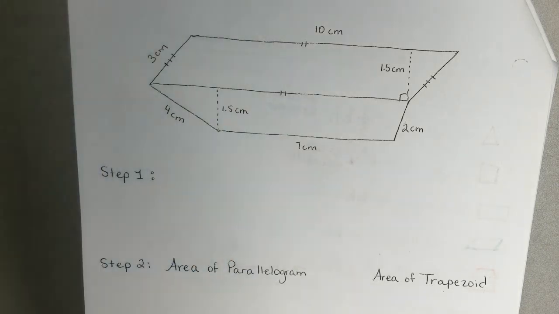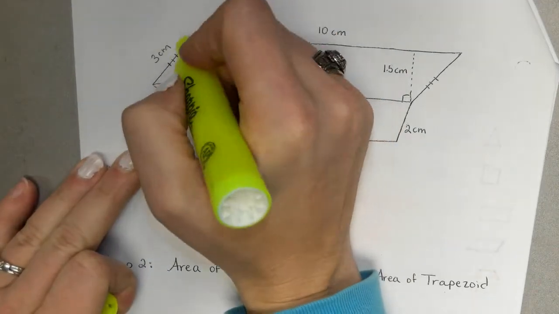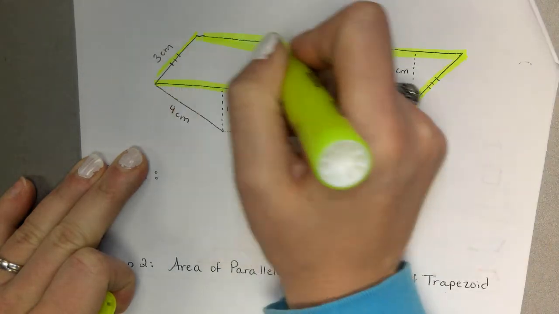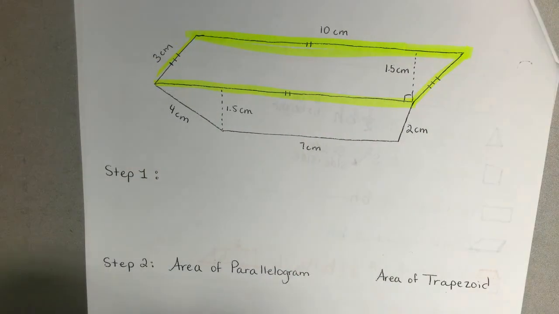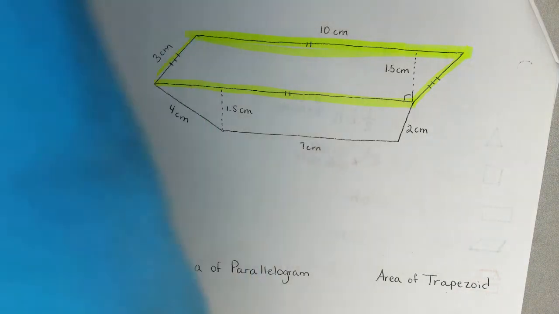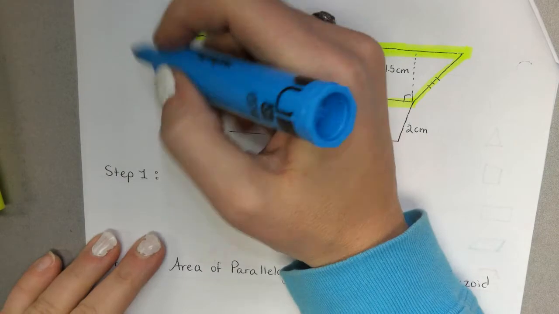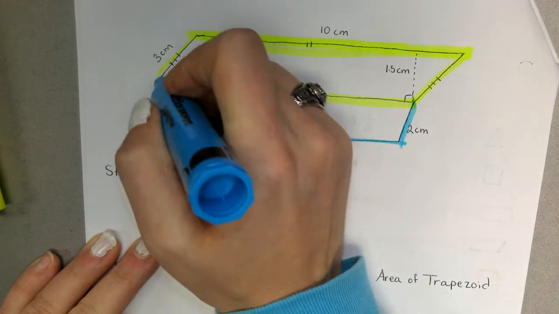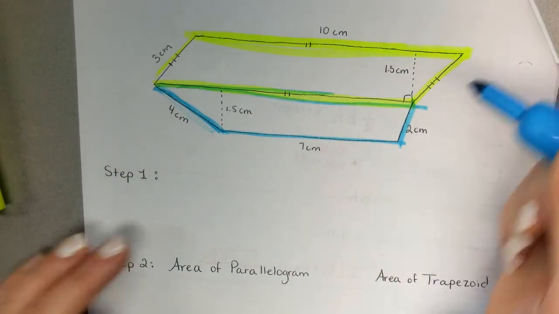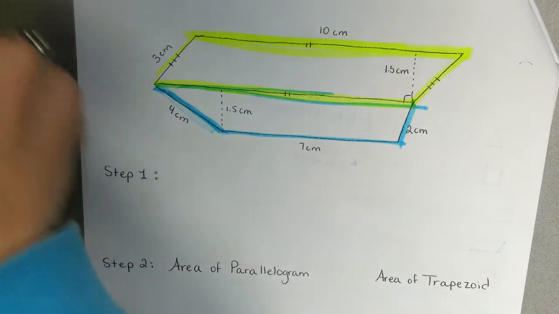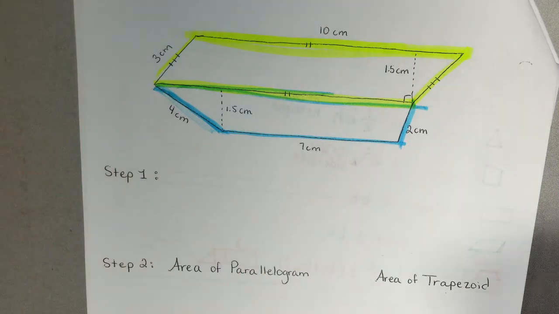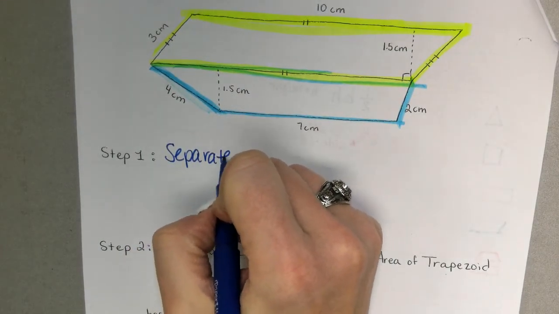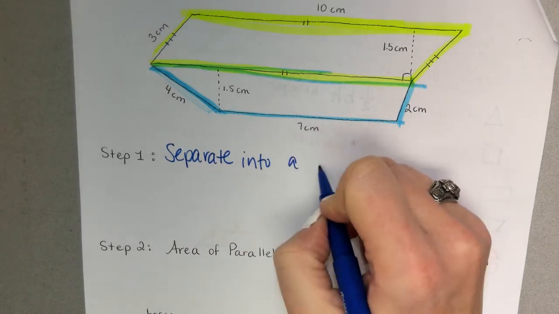Basically here, you have a parallelogram on the top, and then you have a trapezoid on the bottom. So we first want to separate it into a parallelogram.